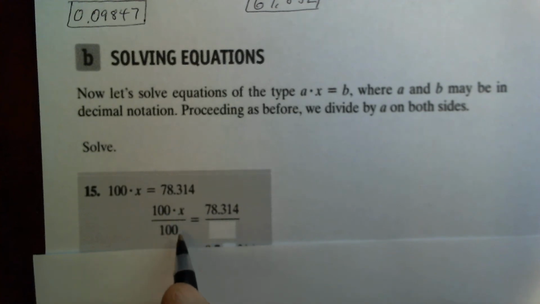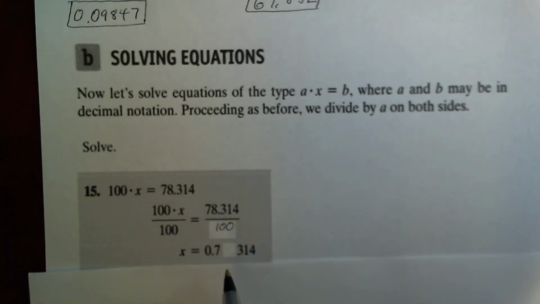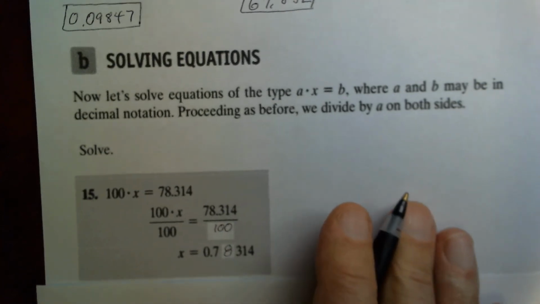So the 100s cancel. We've isolated x. And as we found out, we need to move the decimal 2 places to the left, so it becomes 0.78314. So it's really quite simple.